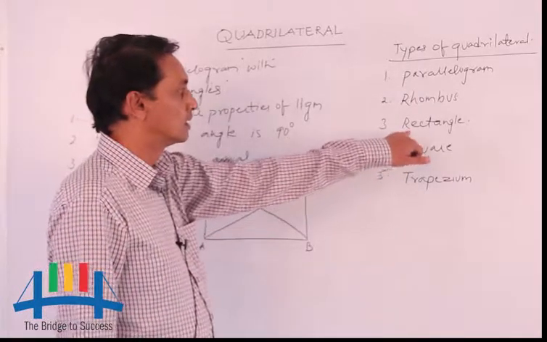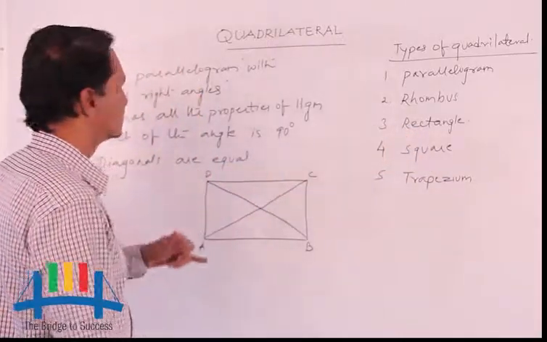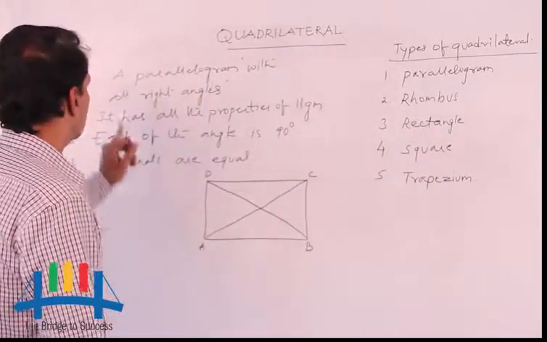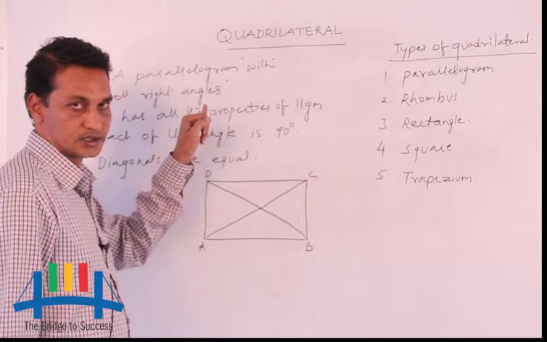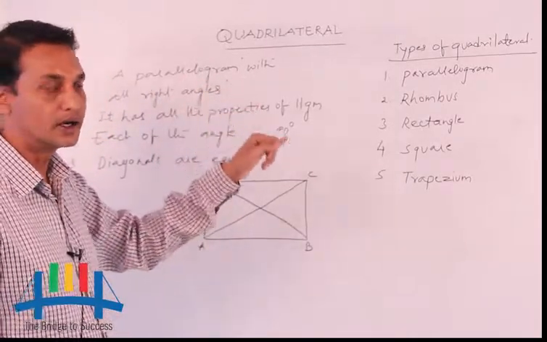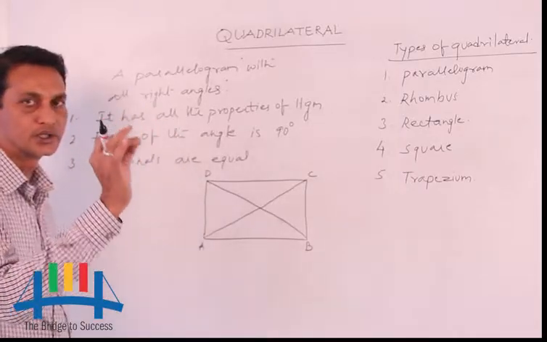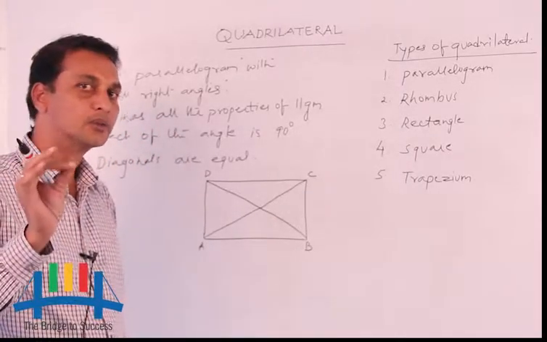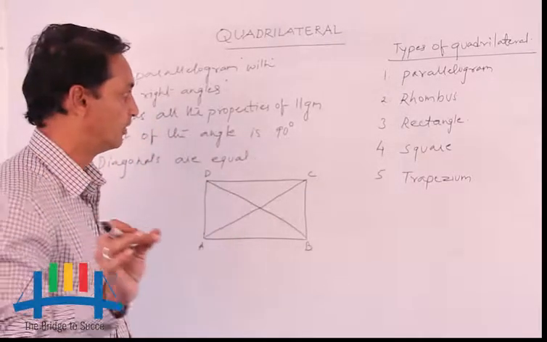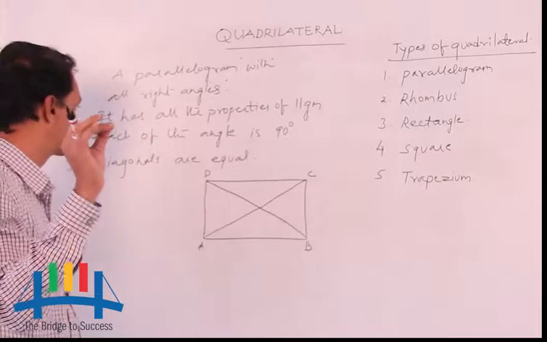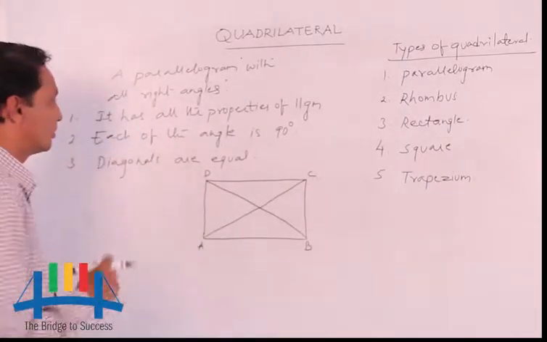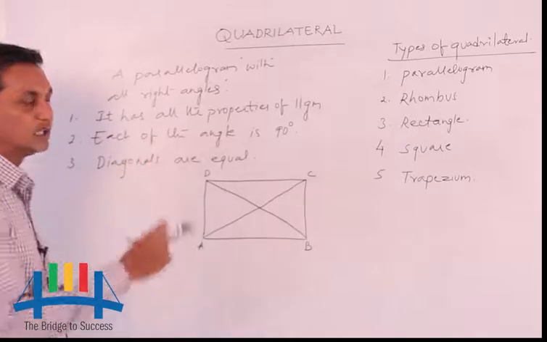Now let's see about the rectangle. This is the third type of quadrilateral. A parallelogram with all right angles, we call a rectangle. It has all the properties of a parallelogram. Whatever properties a parallelogram has, the same properties a rectangle will also have. Additional property is that each angle is 90 degrees.